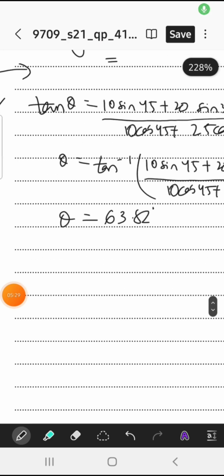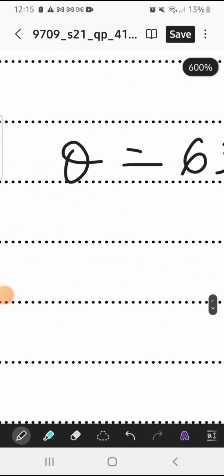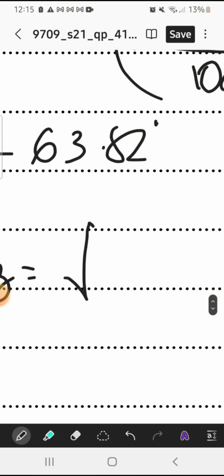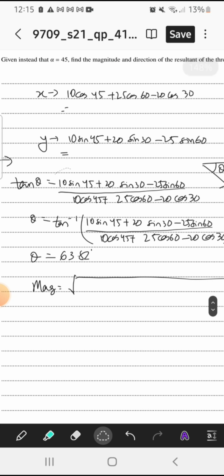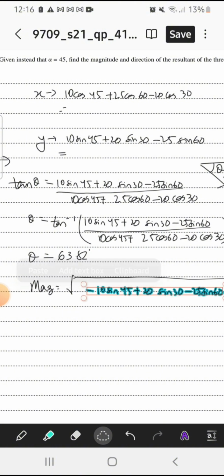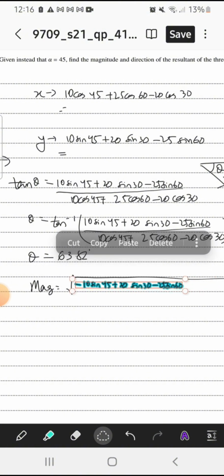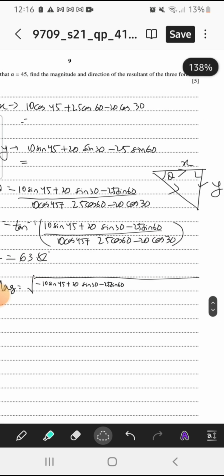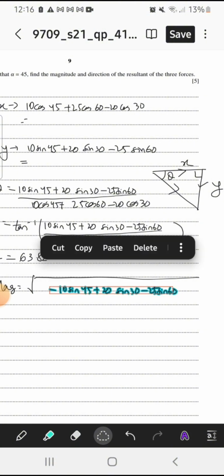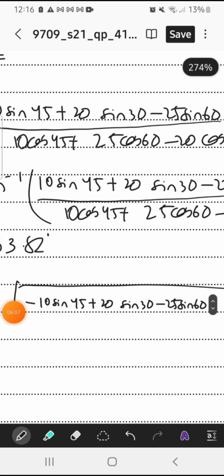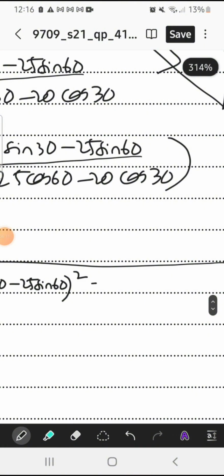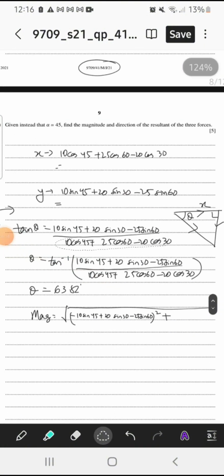And then finally we try to find the resultant magnitude. The magnitude is going to be the square root of this thing squared plus this thing squared, the denominator.